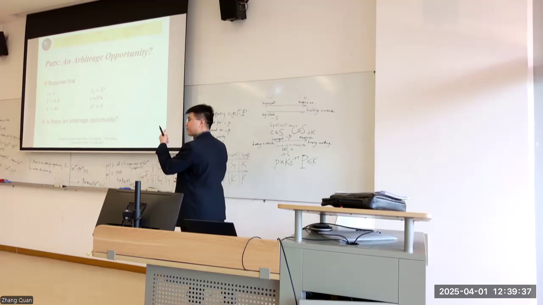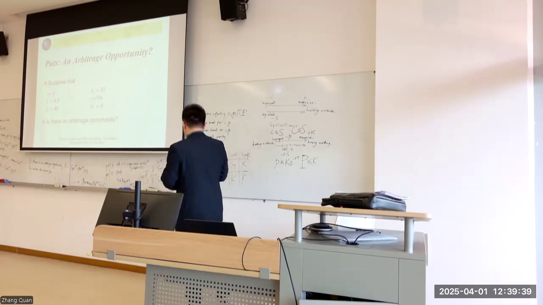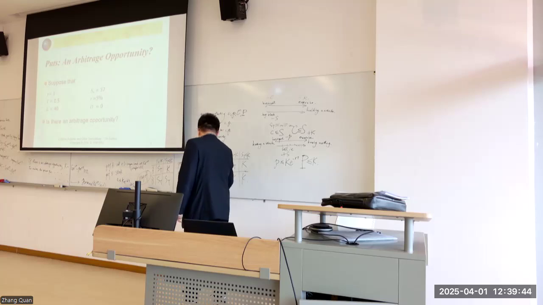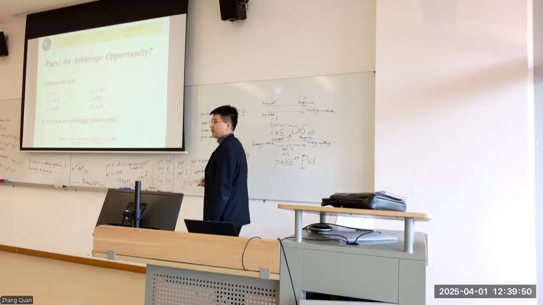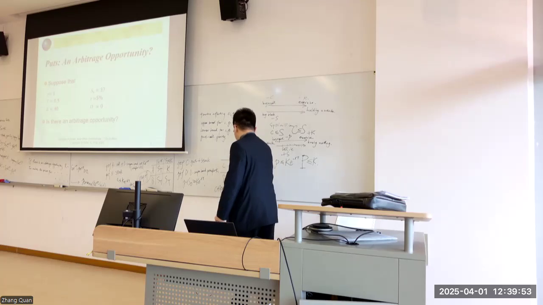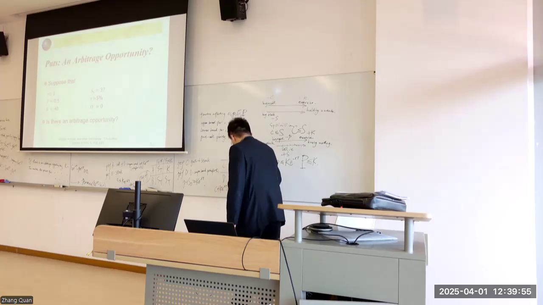So the cost of these two portfolios tends to be the same. This leads to our conclusion like this. A's cost should equal C's cost. This is the so-called put-call parity.